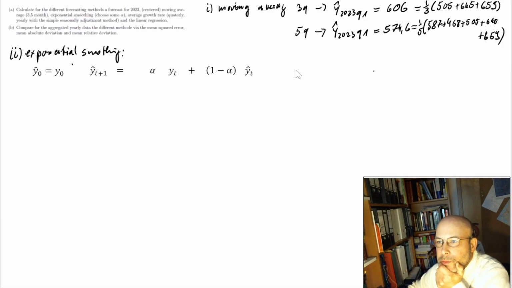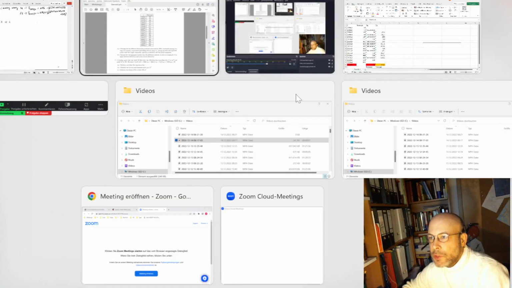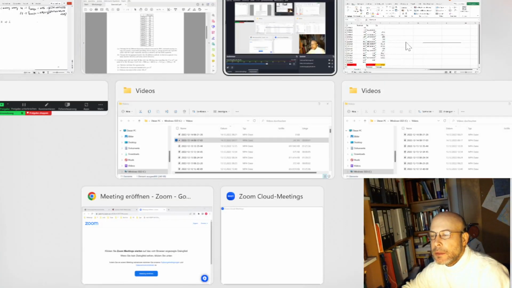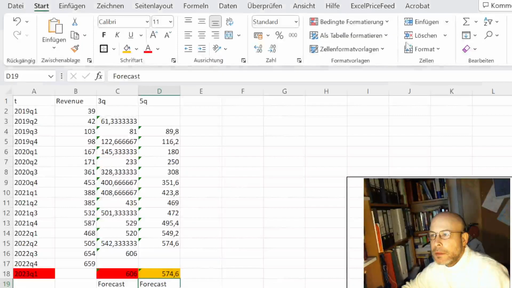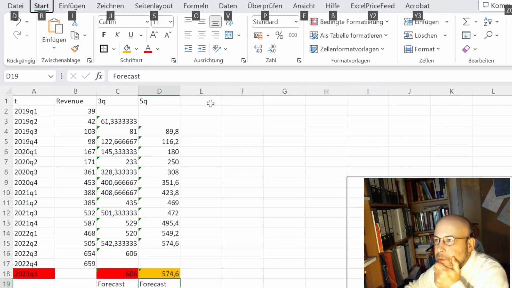So just choose one alpha. What should we use for alpha? Well, then let's try a low and a large value.